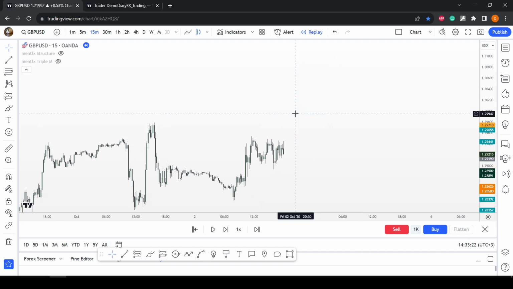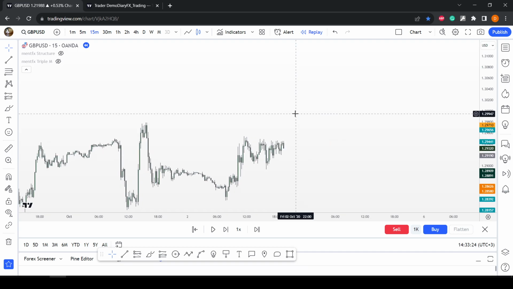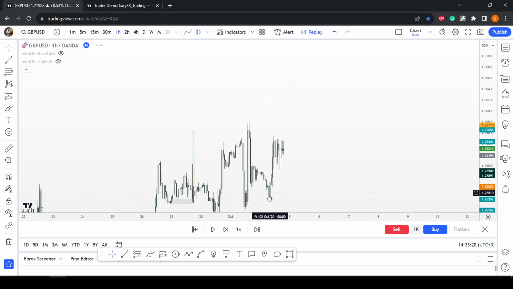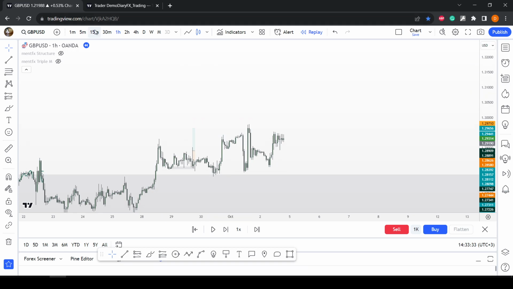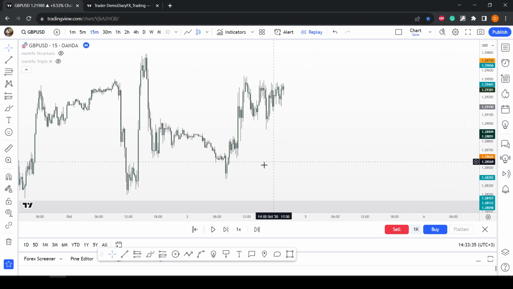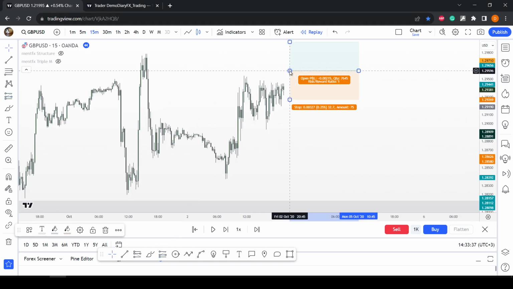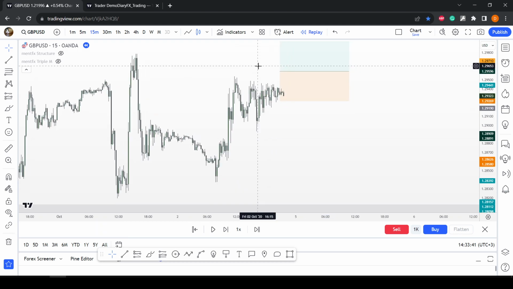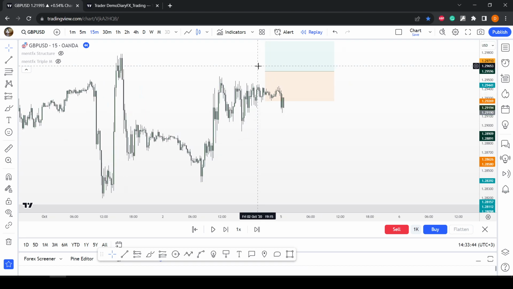Let's wait a little bit more. So we definitely have this tightening here, impulse, correction, and if it goes, then it can go. So just something like this, and then we will protect the lows.